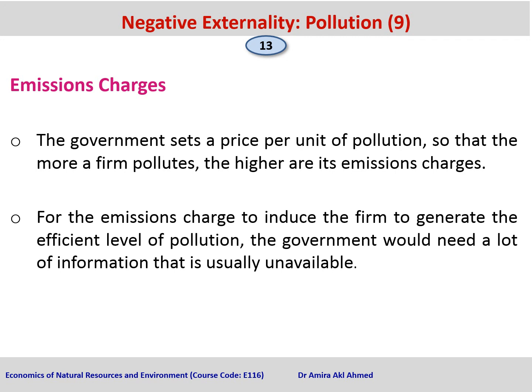Emission charges have been used only modestly in the United States, but they are very common in Europe, where, for example, France, Germany, and the Netherlands make water polluters pay a waste disposal charge.